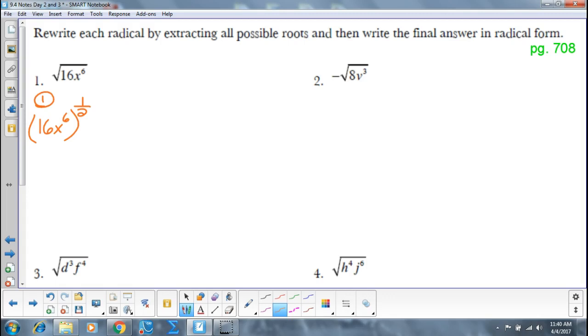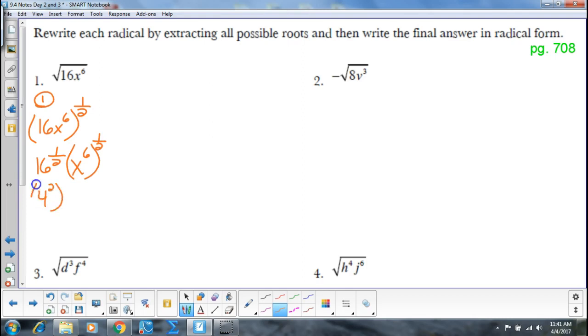So this then would become 16 to the 1/2 power, x to the 6th to the 1/2 power. Well, 16 is 4 squared to the 1/2 power, so that's just 4. And then this is x cubed. Not a fan of that method, but it works, switching it into rational exponent form and then doing it.